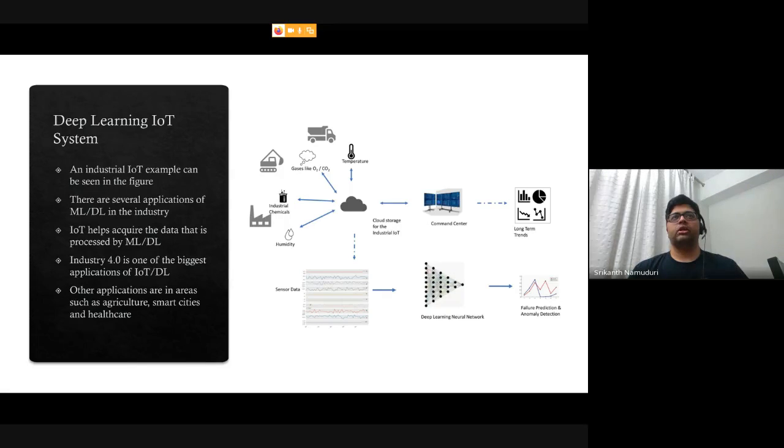So companies want to invest in technologies that can predict failures. Or in industry, if there is equipment that runs 24/7, you want to be able to predict failures or identify corrosion. If there are chemicals and metals involved and there is corrosion, you want to be able to automate the process of identification of the corrosion so that you take action at the right time and your equipment does not break down.